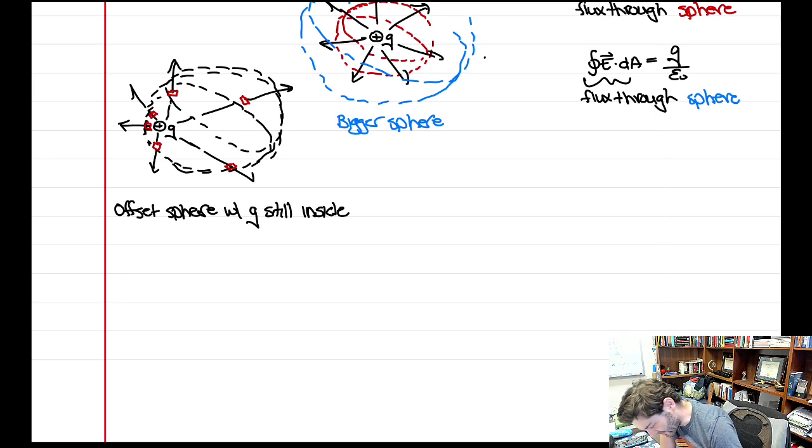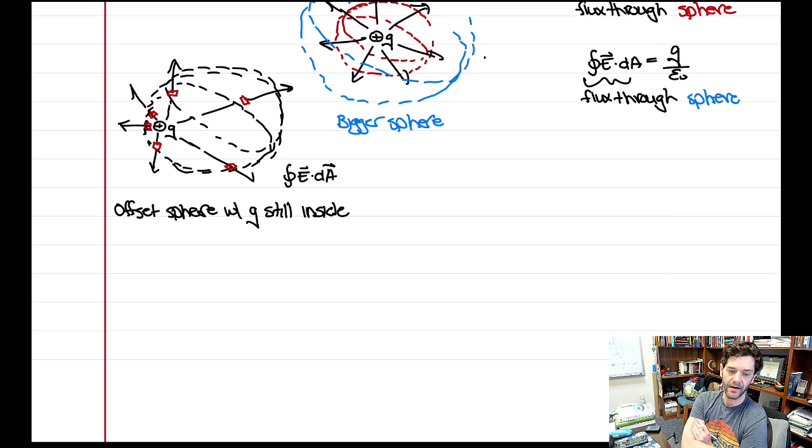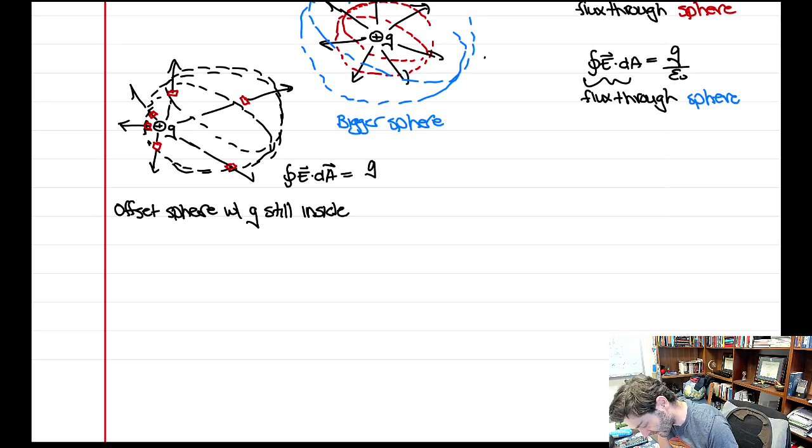So computationally, this integral, if we were to do it without any other knowledge of Gauss's law, would be a very, very hard integral to do mathematically, because you'd have to take into account this offset and everything I was just talking about. But with Gauss's law, I know that this must be equal to the charge enclosed divided by epsilon naught.